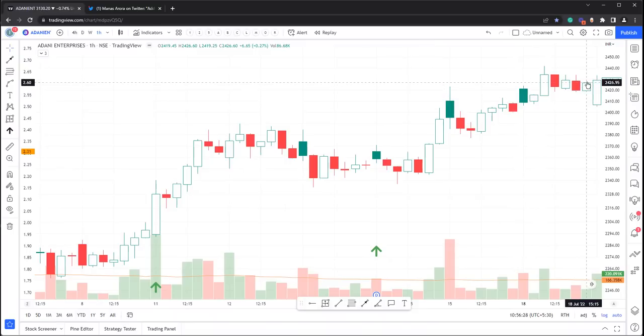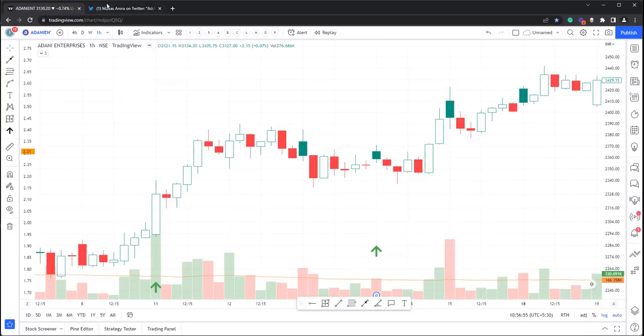So the closing was here, price opened here, gap down opening, but almost immediately it entered the previous day range. So what it means is in the morning there was selling, and whatever minor selling was there, buyers came rushing in. The low of the day was also almost the open, which is what I look for, open and low almost the same. And the price just entered the previous day.